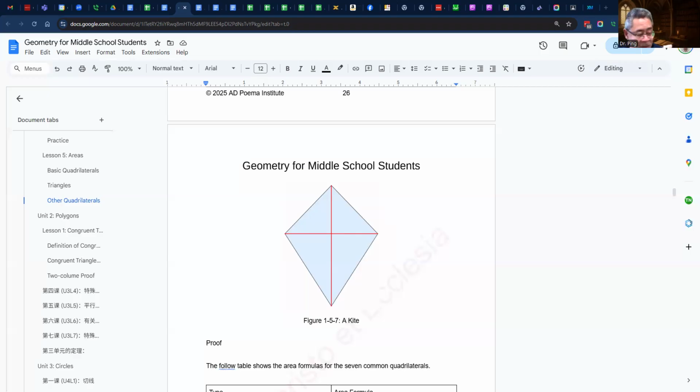Yep, exactly. Base times height. So the next one will be trapezoid.